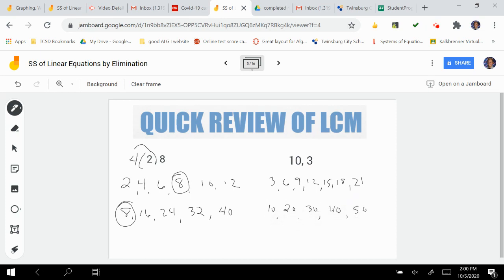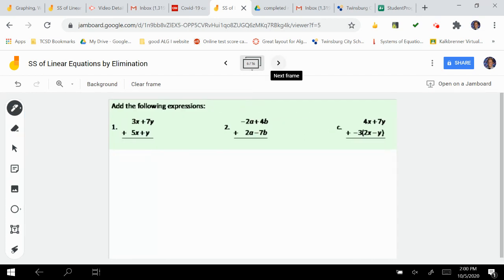Do we see any number that they have in common right now? No, so let's keep going by 3s: 24, 27, and 30. That is our magical number right there, 30. That is our least common multiple, the least common multiple that they have in common. Just a quick review for what we're going to be doing today.